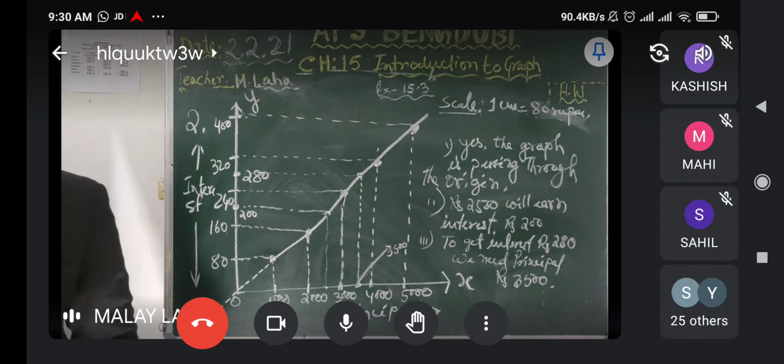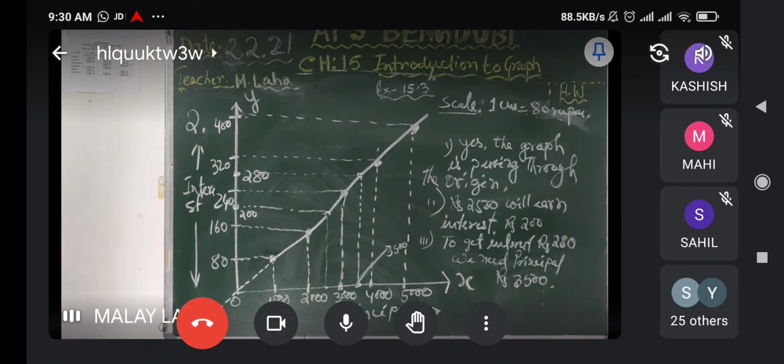Here the position is 3500. This is 3000. Yes, tell me, does anyone have any question on this part?